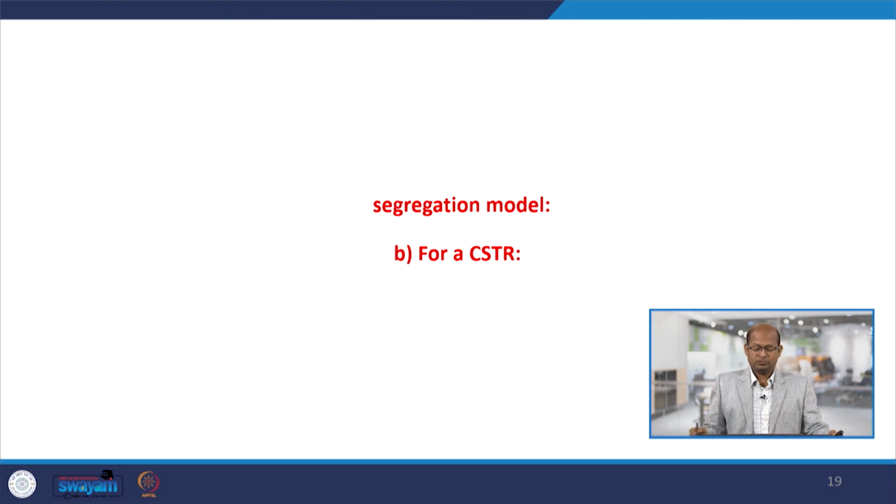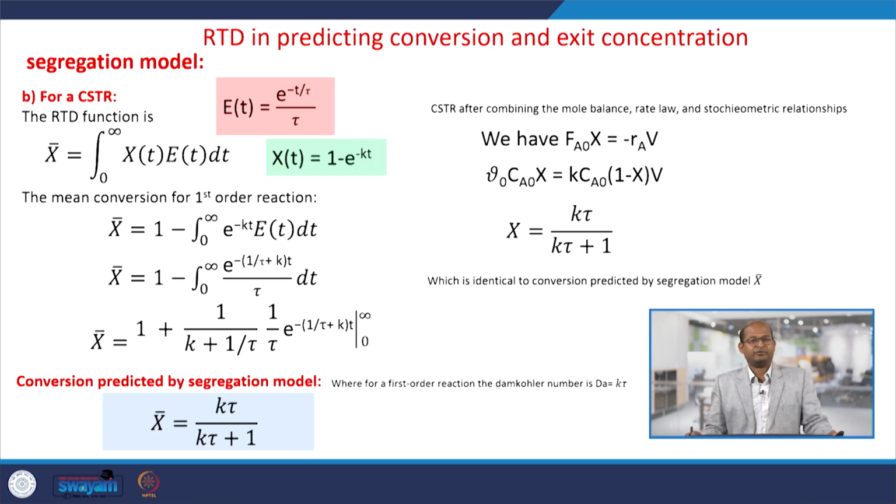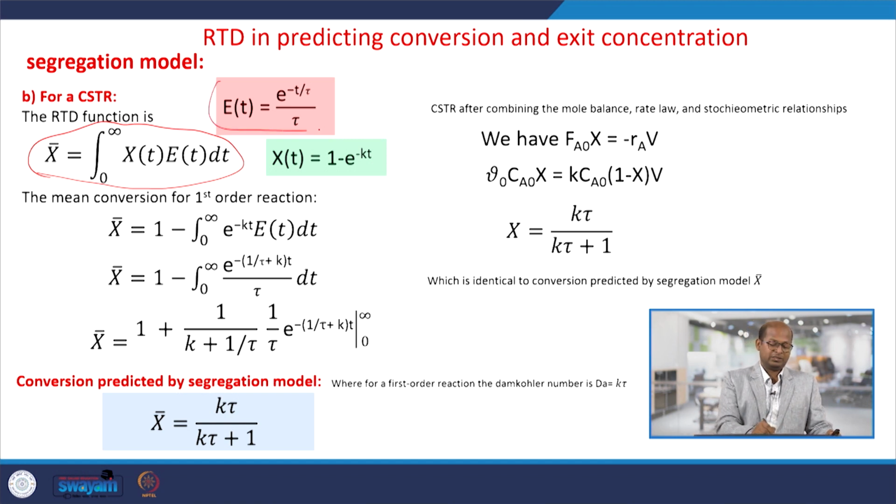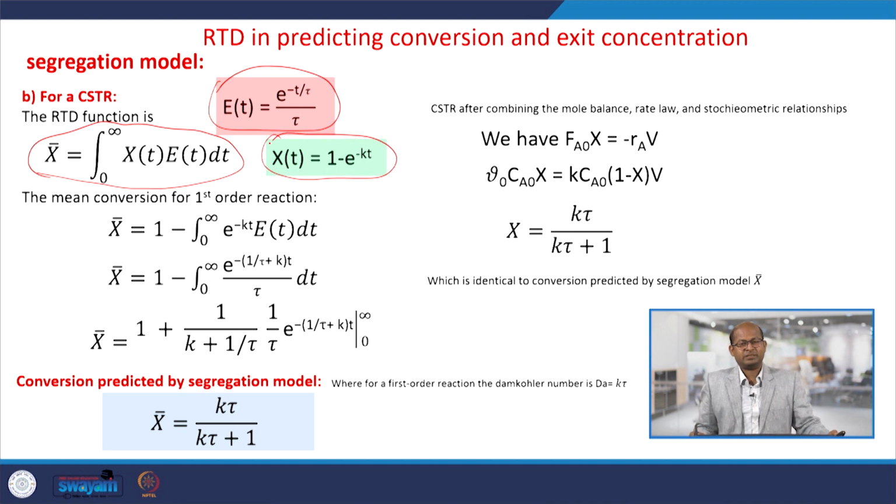Okay. Now, if we consider a CSTR, once we consider a CSTR and apply the segregation model, this is the general equation for the average conversion that we get at the exit point of the reactor. The residence time distribution function for a CSTR is this, and X(t) equals 1 minus e to the minus kt, that we have received from batch reactor data analysis.